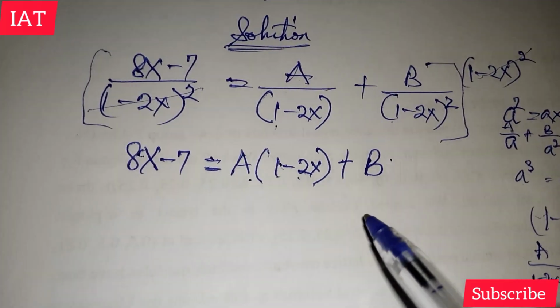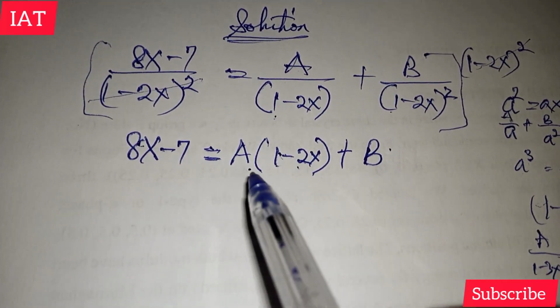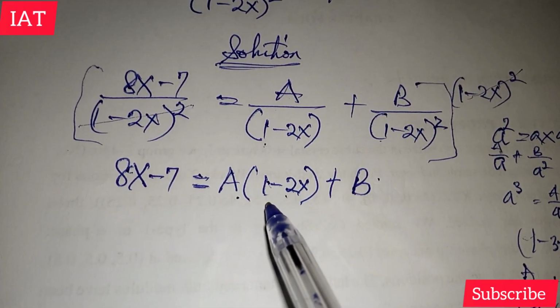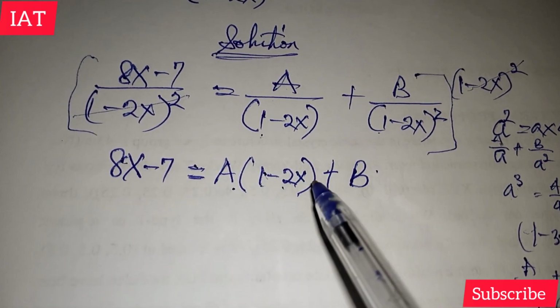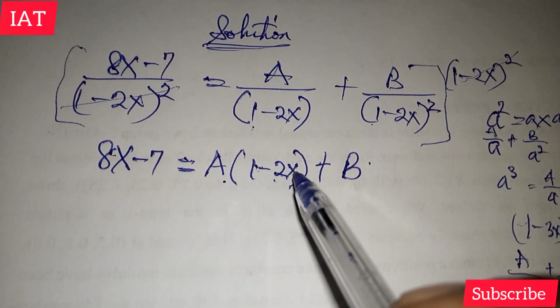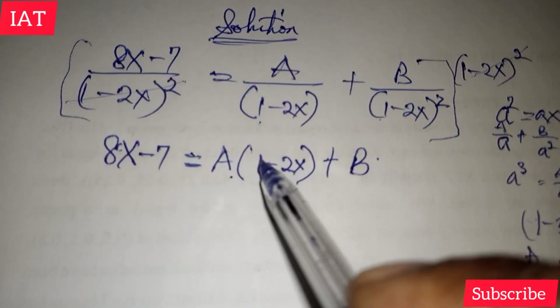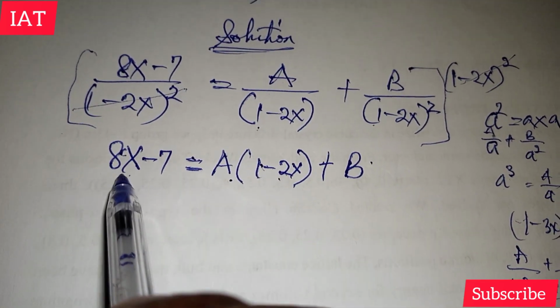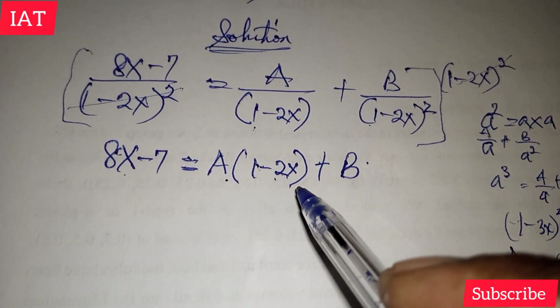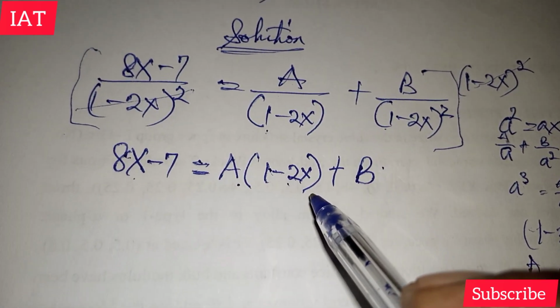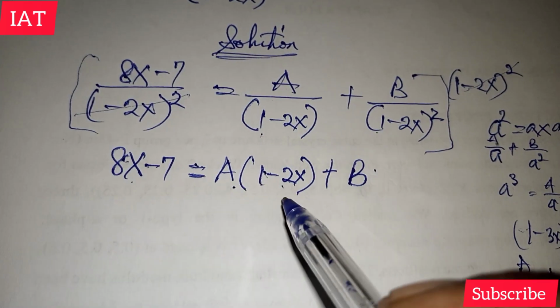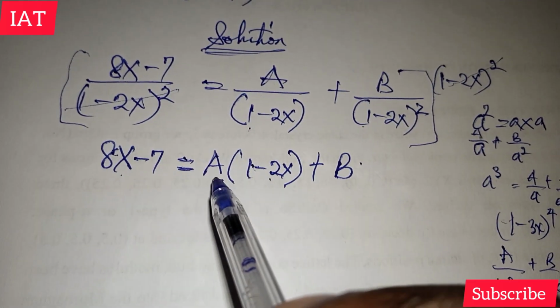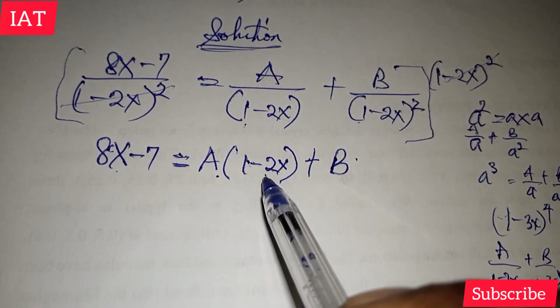Hope that is clear. So the next thing you need to do, at this point, the cover up method may not work, because if you think of a number to replace x so that the whole of this becomes 0, it will make b to be 0 and it will make this to be 0. So in such a case, we use what we call equating of coefficients. But before you equate coefficients, you need to use this a to expand through the bracket.